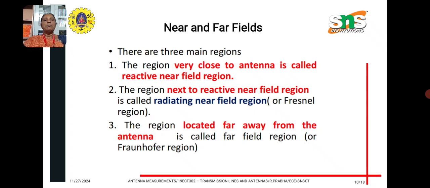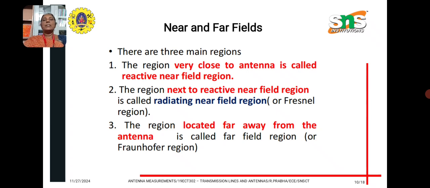And there are three main regions during antenna measurement. One is the region very close to the antenna, called the reactive near field region. The second region is next to the reactive near field region and is called the radiating near field region, also called the Fresnel region.